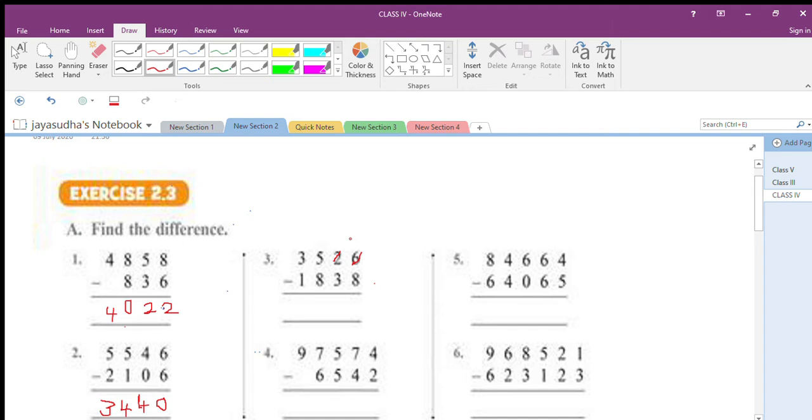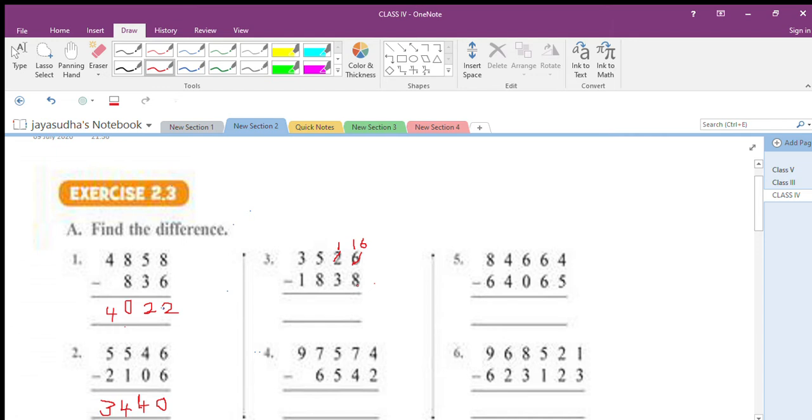This 2, since you gave one borrow, becomes 2 minus 1, 1.